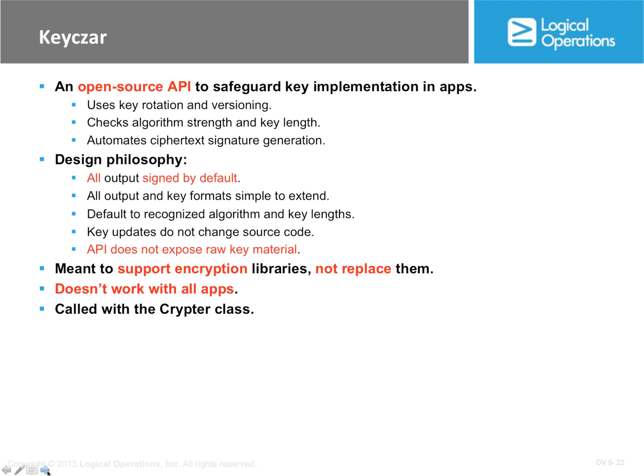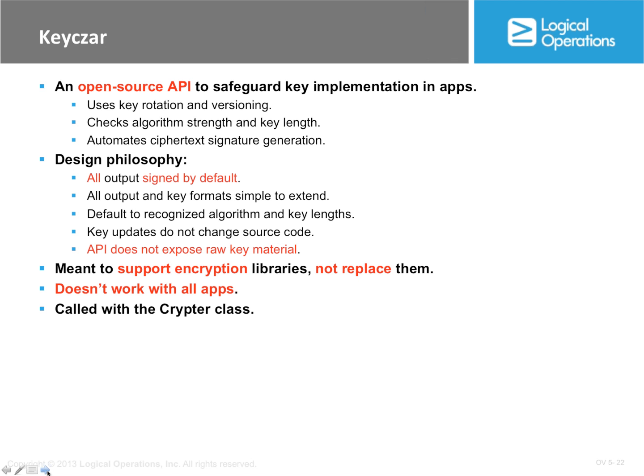The API itself does not expose the raw key material, so it's keeping security through obscurity within how the API works, to ensure that the raw key material is kept hidden. The only thing that you later see is the stretched key.